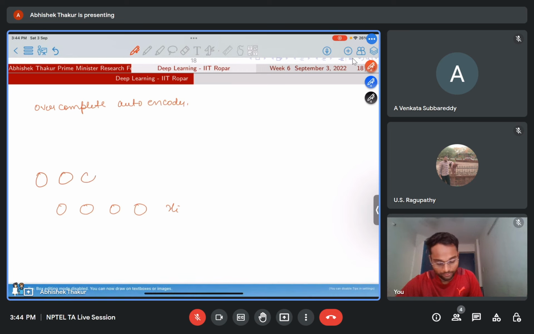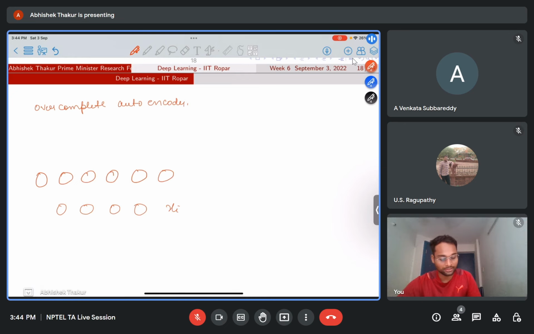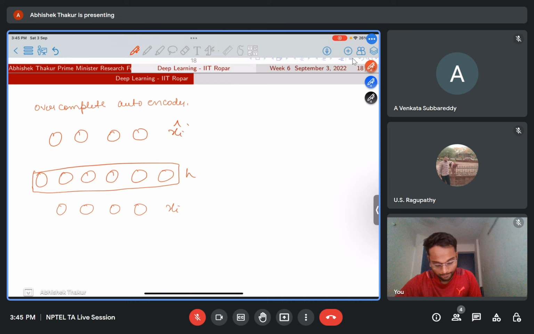More than four. Let's suppose 6 nodes are there. This is our h, and our output node is xi hat. So this is our input layer, this is the hidden layer, and this is the output layer.